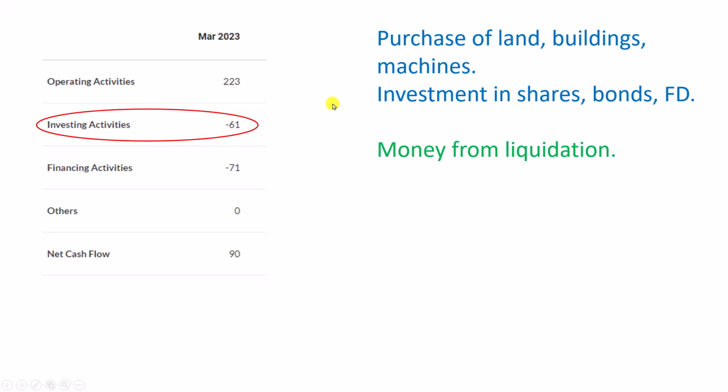And how much money they have invested in the previous year is this. Well, not this amount actually. There is a calculation which I'll explain. But here we have minus 61, meaning 61 crore rupees has gone from the company towards investing. That's all. Now let us try to understand the various subsections.